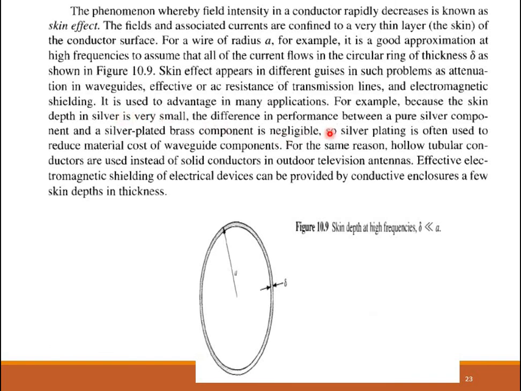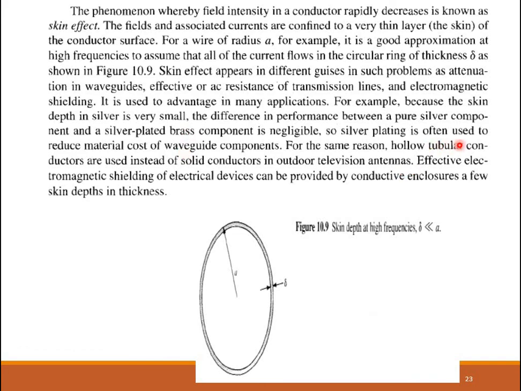Okay, and a couple of applications where the skin effect is taken to an advantage are in pure silver and in silver plated brass components. What happens is, because the skin depth is very small, the difference in performance is negligible. So silver plating is often used to reduce the material cost.